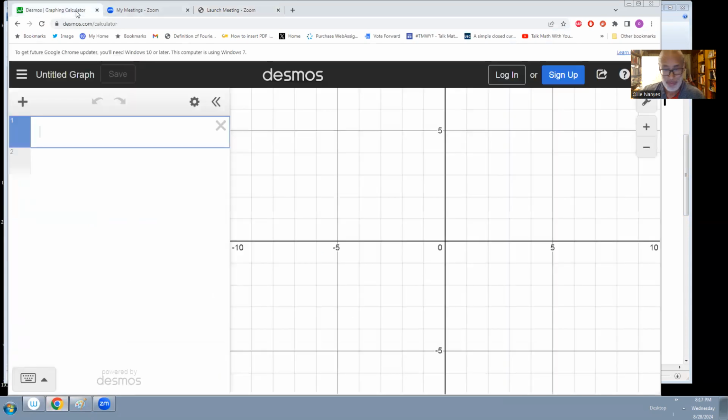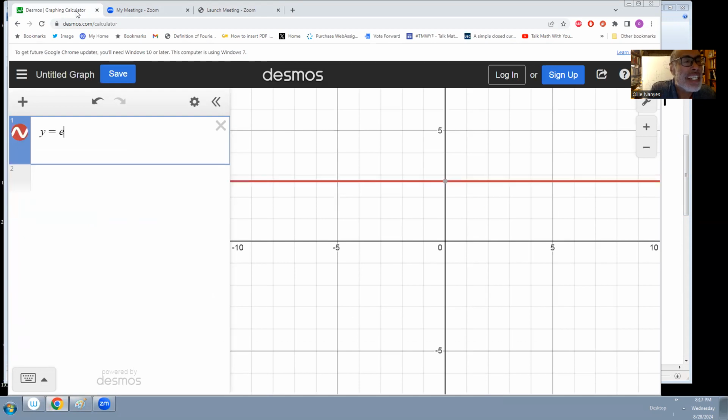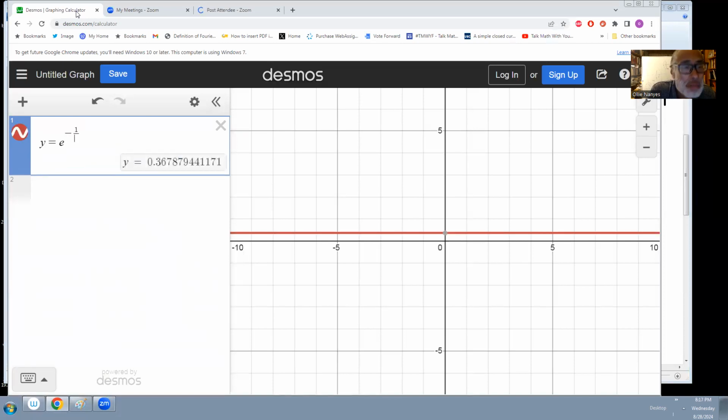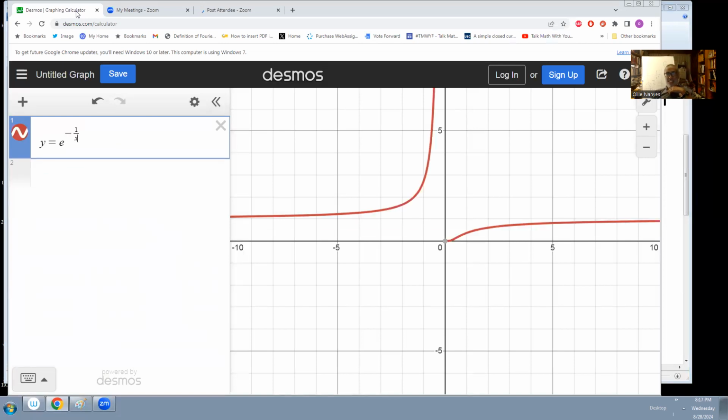And the example I'm going to start with is y equals e to the, let's say here, minus 1 divided by x. Now take a look at that. And let's just go ahead and analyze this.